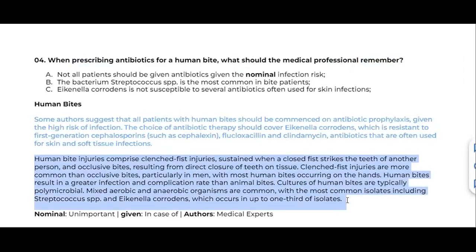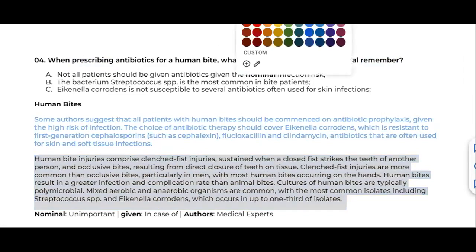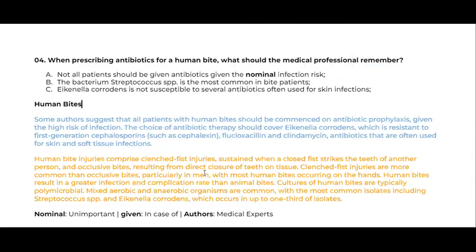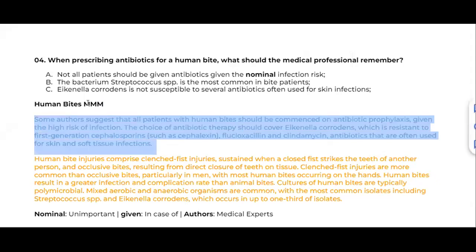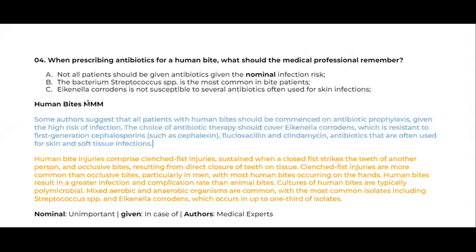Whereas this part is only information about different kinds of microbiome. So this will not be the area from where the answer may come. Understanding the main idea, the meaning, and the main area is important. This is the main area of the answer, and this is not the area.